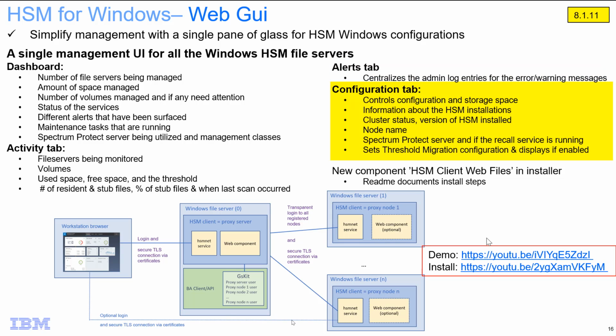And the configuration tab will allow you to control configuration and storage space, gives you information about the HSM installation, cluster status, version of HSM installed, node names, Spectrum Protect server, and if the recall service is running, as well as it allows you to set threshold migration configuration and then displays if that has been enabled.